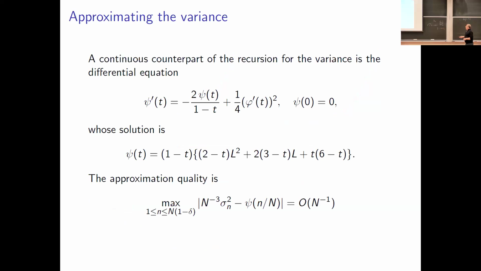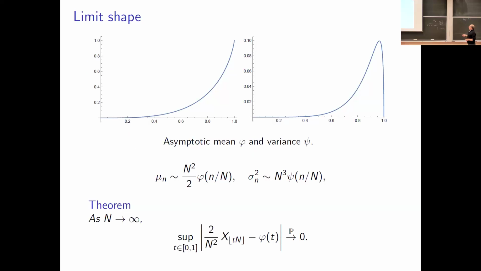Good. Okay, so to summarize the previous slide, we have two limit shapes. One limit shape is for the mean, this function of this kind, going to infinity at 1. And the shape for the curve approximating the variance is this.